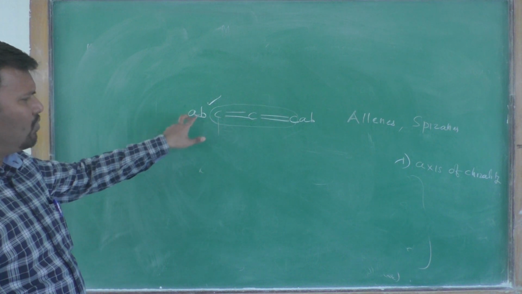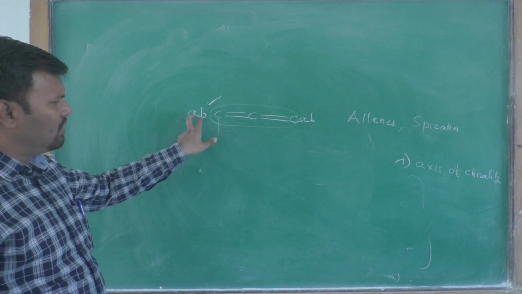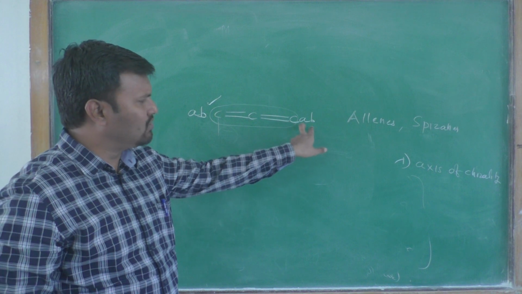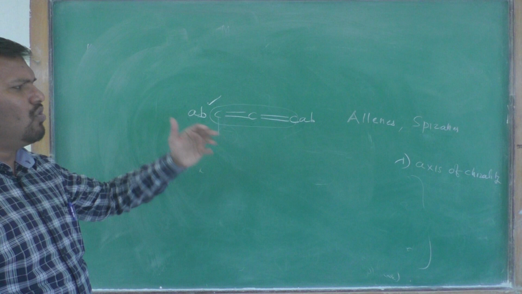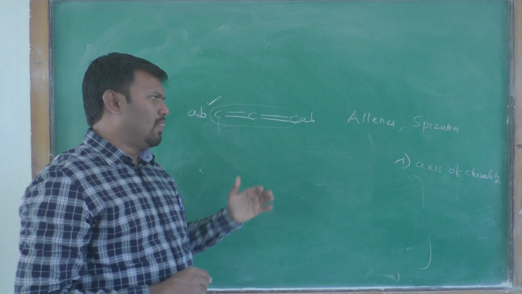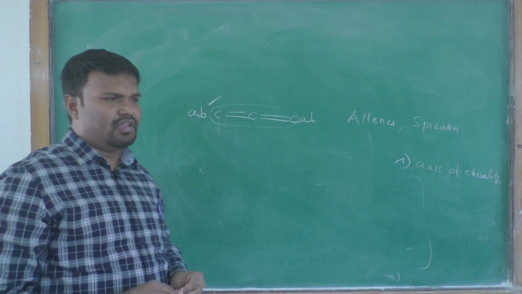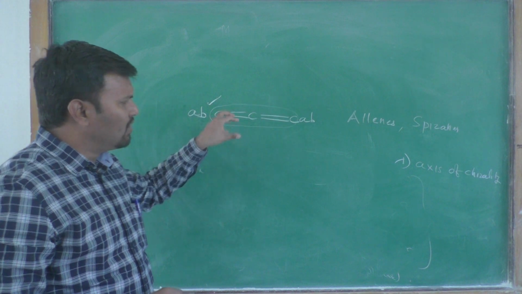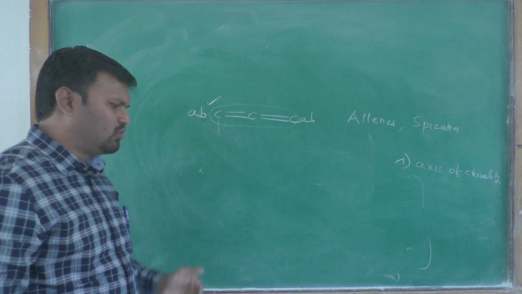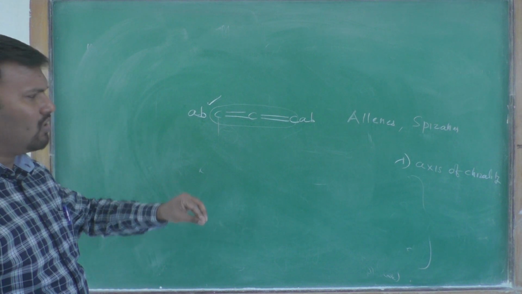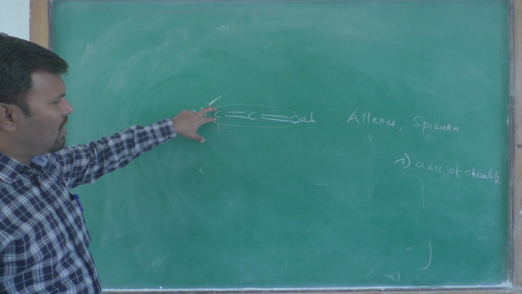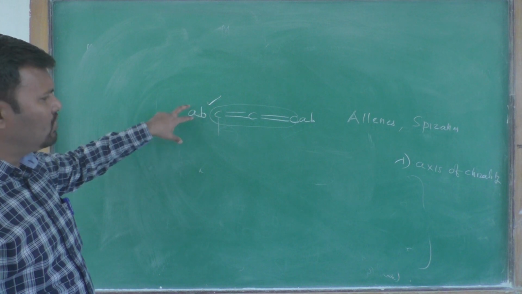If the groups attached to the first carbon are the same as those on the last carbon, it has no effect on the optical activity. If these two groups are the same, the molecule still shows optical activity. The condition is that each terminal carbon should have two different groups.